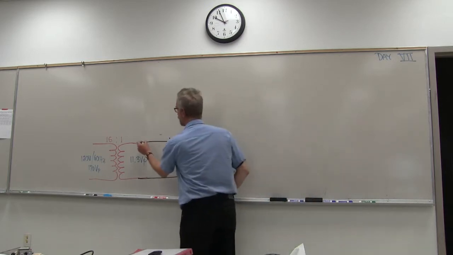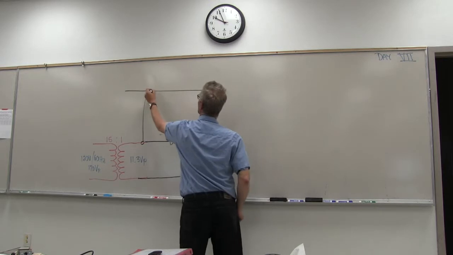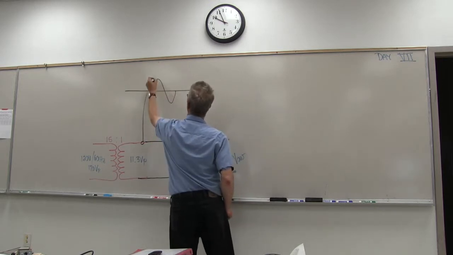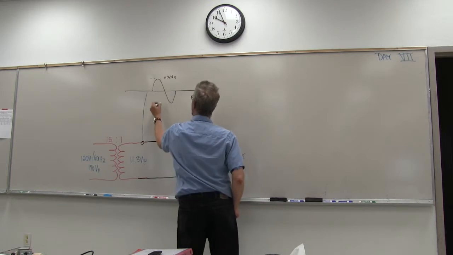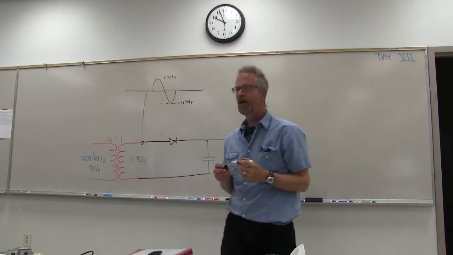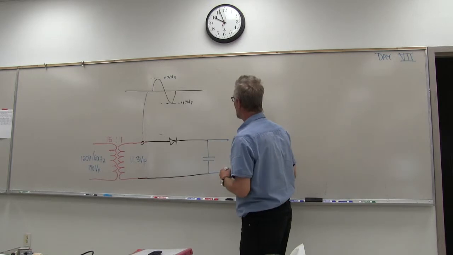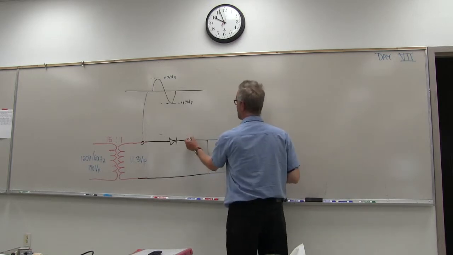Okay, so right here, if we look at the voltage there, we're going to see 11.3 volts peak and minus 11.3 volts peak. That's what we'll have right there. Then it goes through the diode, and what does the diode do?